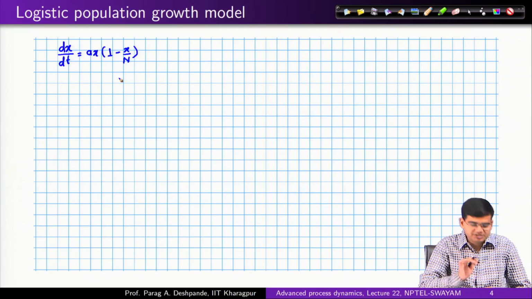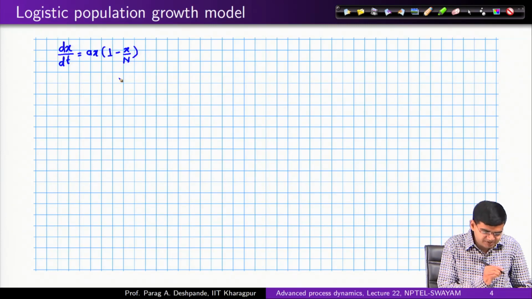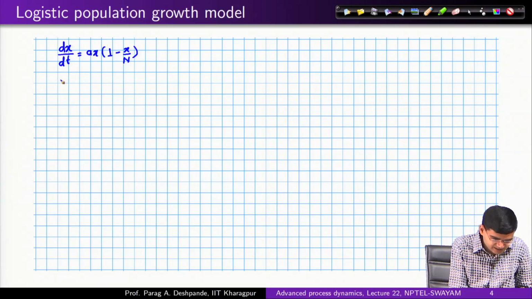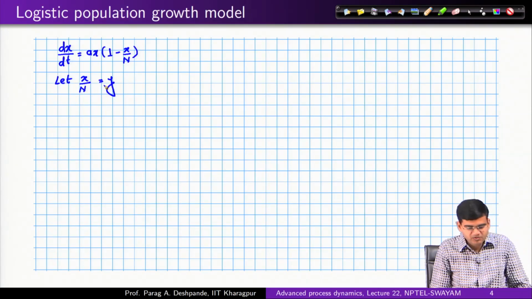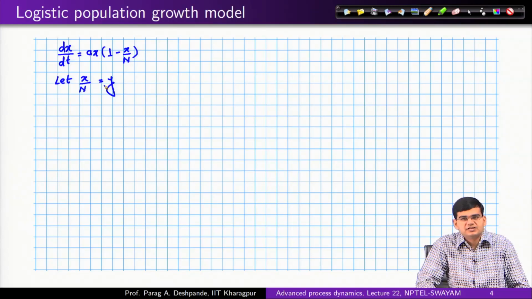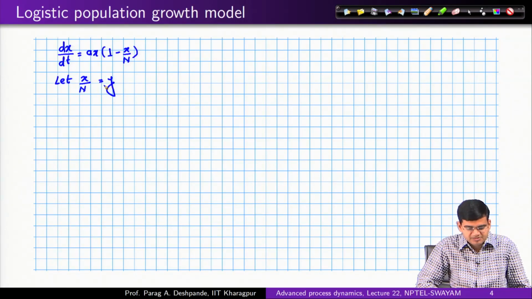Before we solve this equation, let us do some rearrangements and some simplifications. So, let me say that let x by n be equal to y. Okay. So, what is the physical significance of y? You will see that x by n is the normalized population. Okay.